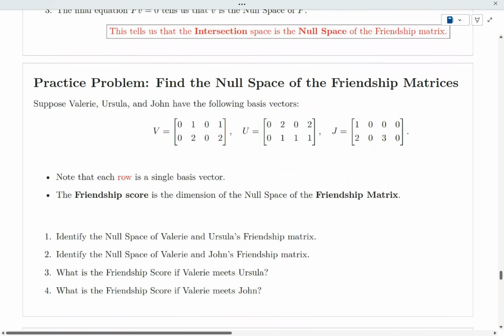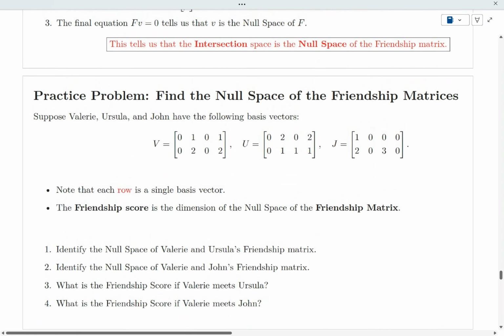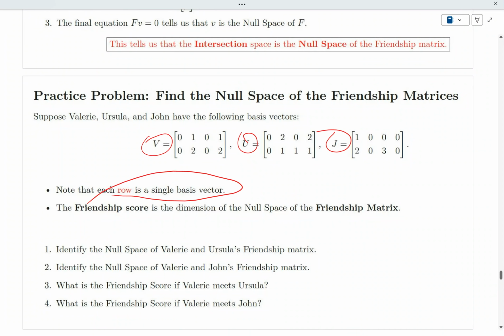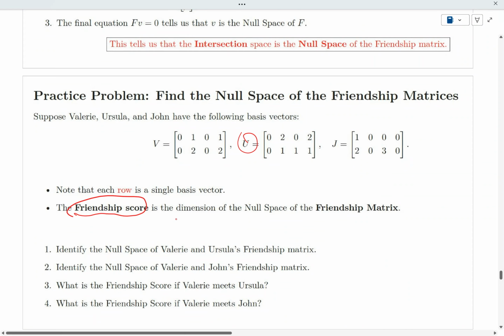Okay, so let's say that we have 3 people. Each row is a single basis vector. And now the friendship score is the dimension of the null space. So if you find the null space, you figure out the dimension. That is the friendship score.